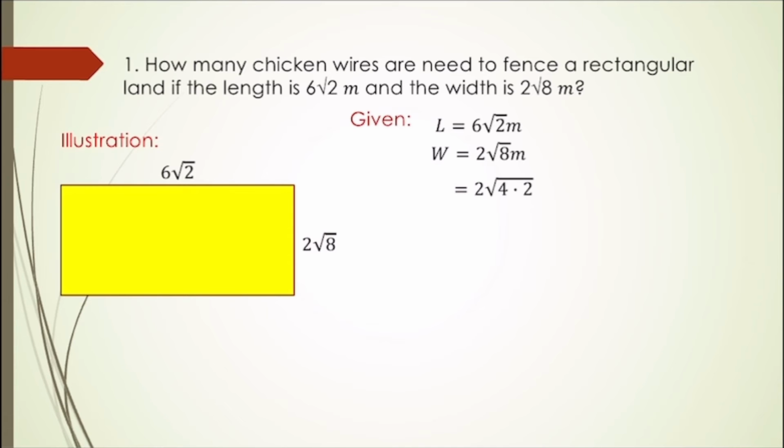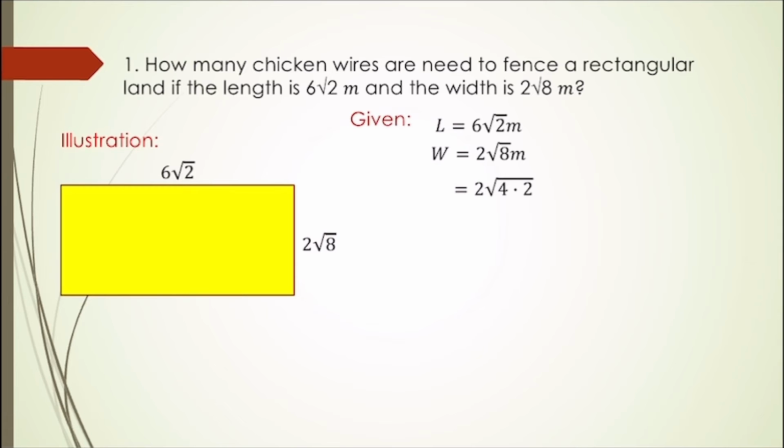Kung saan yung isa daw factor doon ay perfect square. So dito, ang perfect square dyan is 4. By the way, saan nakuha yung 4 times 2? Yun yung factor na 8. Since binafactor na natin yung 8, then 4 is a perfect square. So pwede natin siyang ilabas doon sa radical sign.